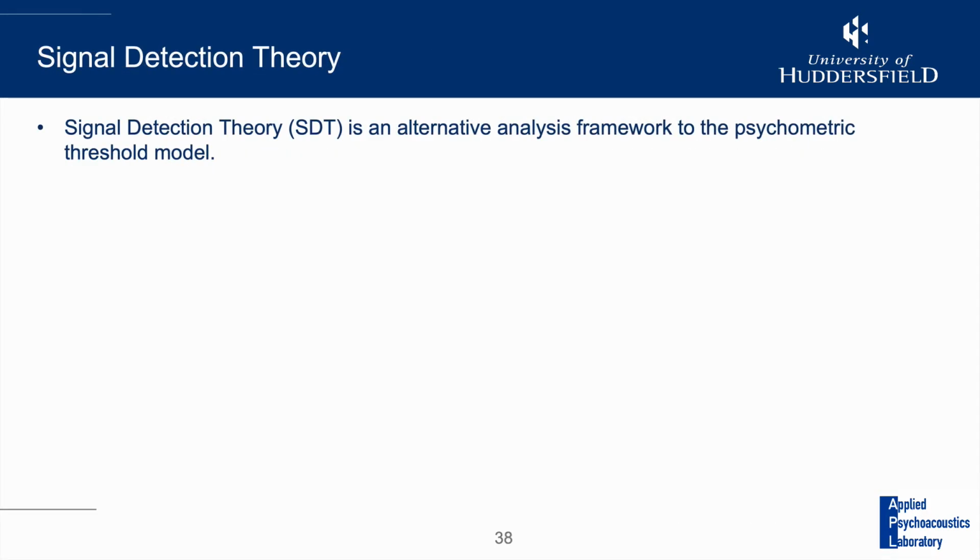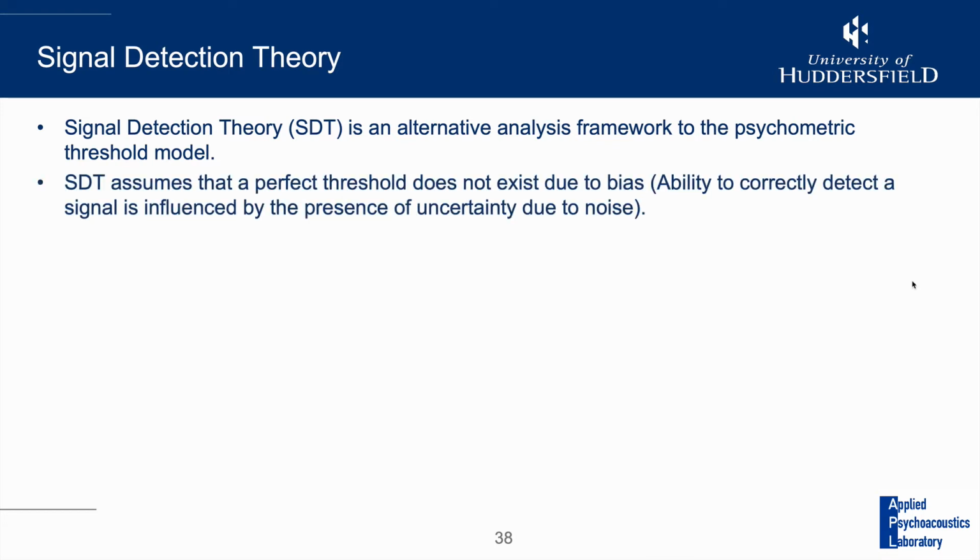So the signal detection theory, in short SDT, was proposed as an alternative analysis framework to the psychometric threshold model in the 1950s. SDT assumes that a perfect threshold does not exist due to potential bias. In other words, the ability to correctly detect the signal is influenced by the presence of uncertainty, which we can refer to as noise.